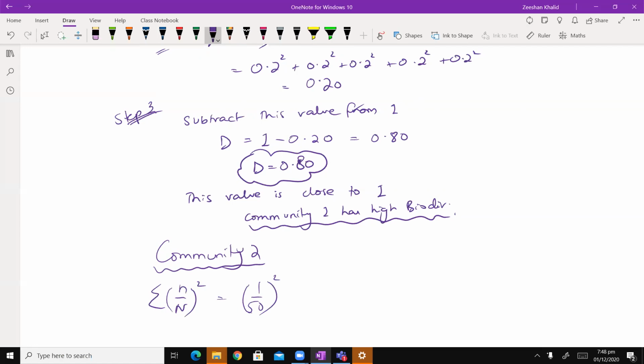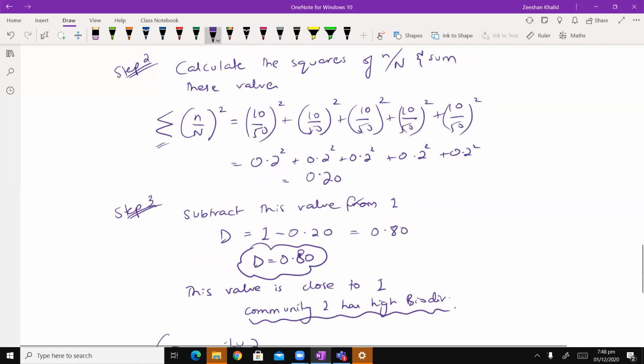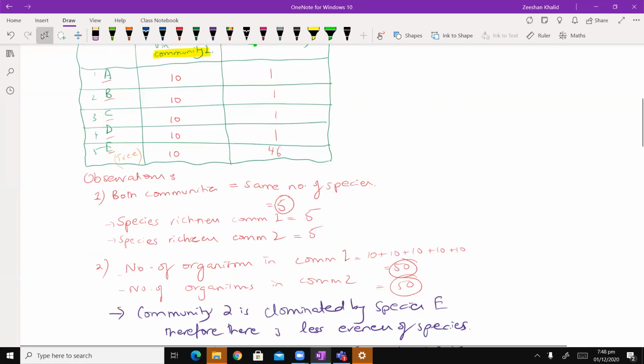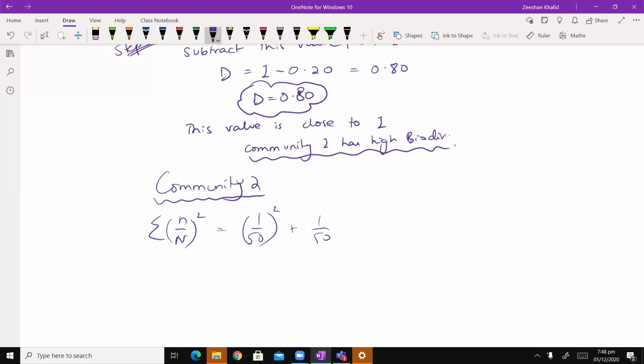Let's go back to the table. You can clearly see for A, B, C, and D, all of these species had only one individual and E had 46 of them. So the formula should look something like the following: 1 over 50 plus 1 over 50 plus 1 over 50 plus 1 over 50 plus 46 over 50. And of course, you square all of them.